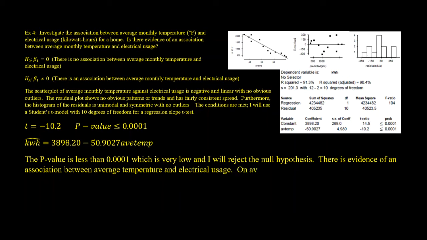On average, electrical usage decreases as average temperature increases.